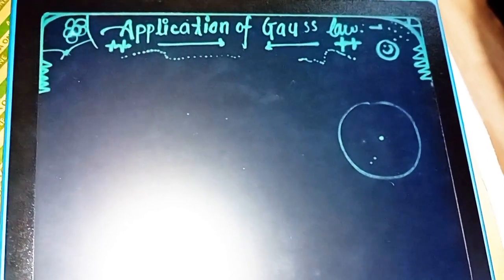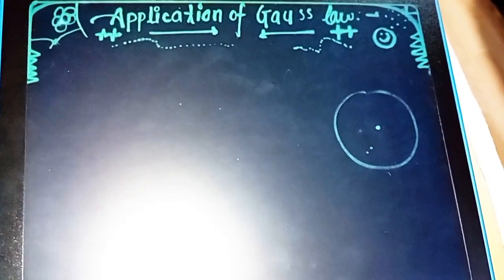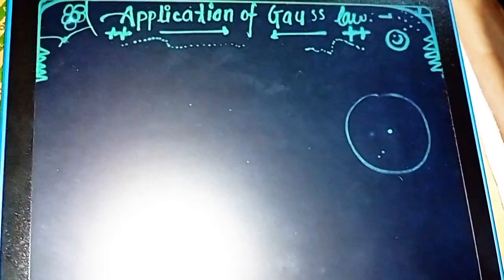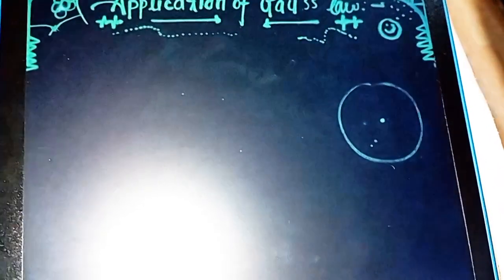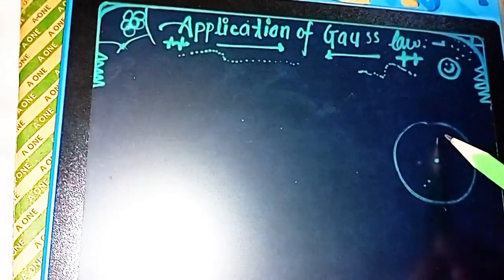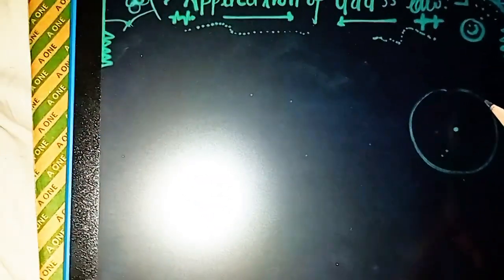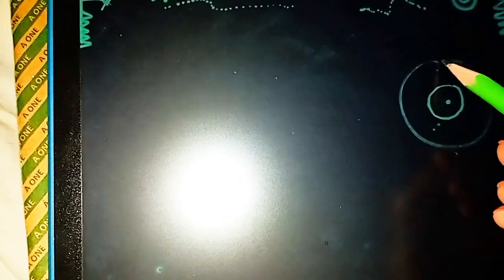Hello students, today we will be learning about applications of Gauss law, and for that I have drawn a small circle. Let's first talk about a point lying outside the charge, where small r is greater than capital R. Here I will make another circle, and on top of that there is another circle.